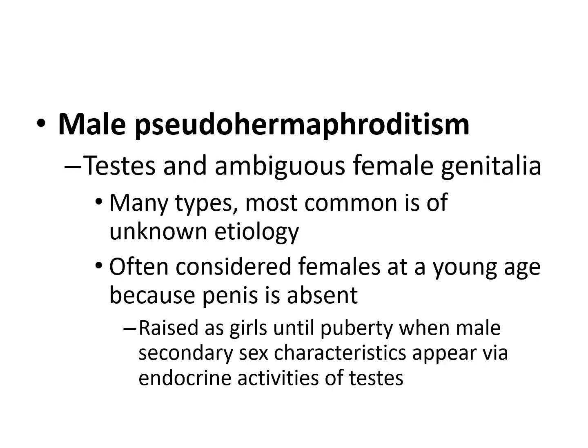Or it can be male pseudohermaphroditism. We have testes, we have XY chromosomes, but the adrenal cortex has lower testosterone, and the external genitalia look like female, and sometimes they are considered females.